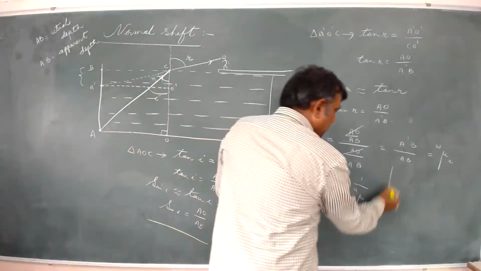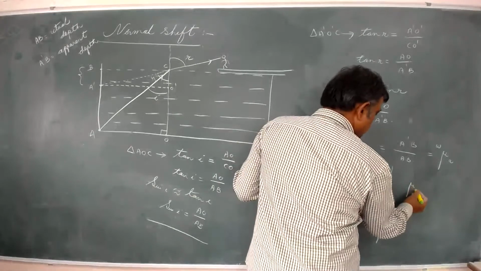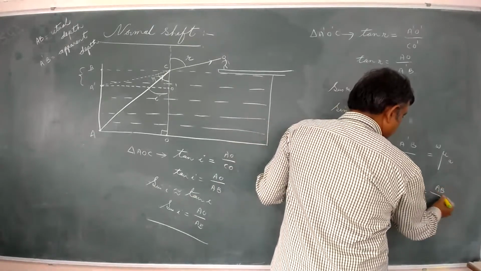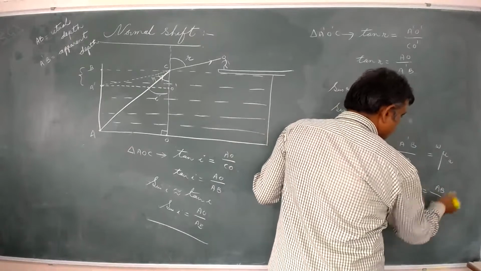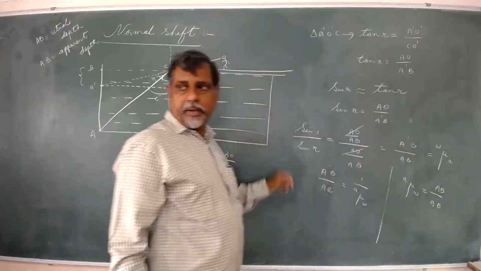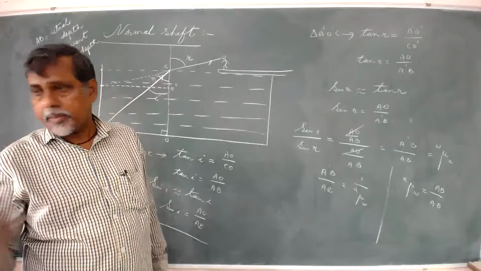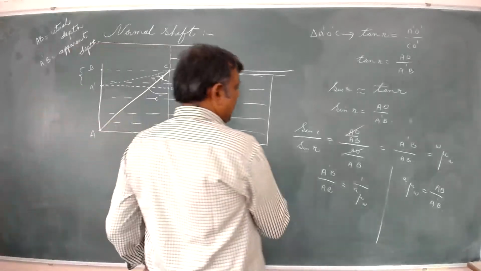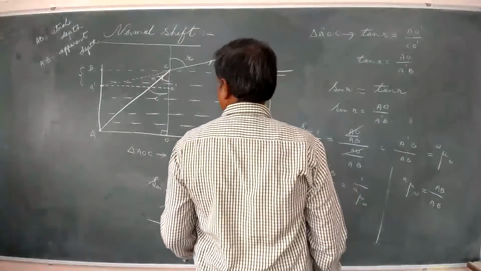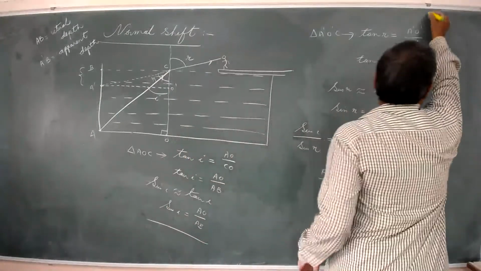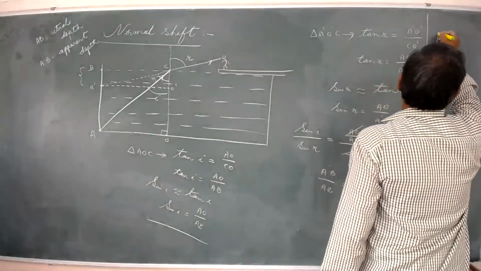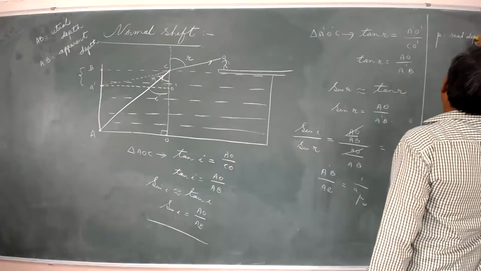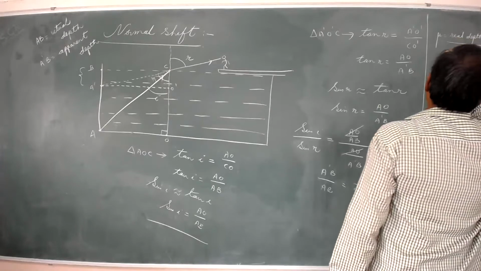Therefore, the refractive index of water with respect to air is equal to how much? AB by A dash B. What is AB? Real depth. What is A dash B? Apparent depth. So the refractive index in this particular case is equal to real depth by apparent depth.